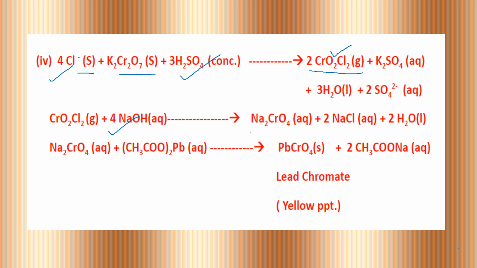You will get a yellow solution of Na2CrO4. This yellow solution, when treated with lead acetate in the presence of acetic acid, in acidic medium, will give you a yellow precipitate of lead chromate. So this completes the reactions involved for chloride ion.